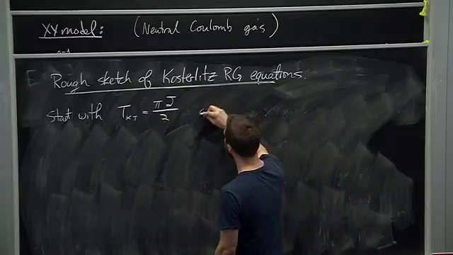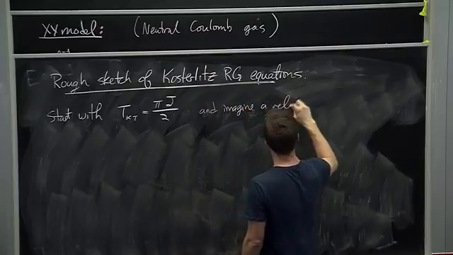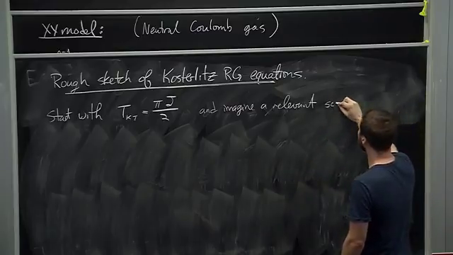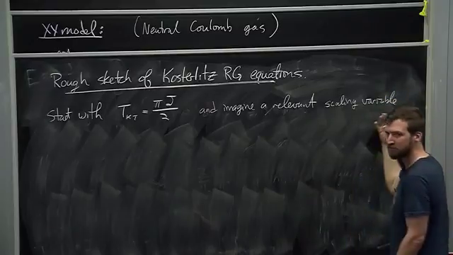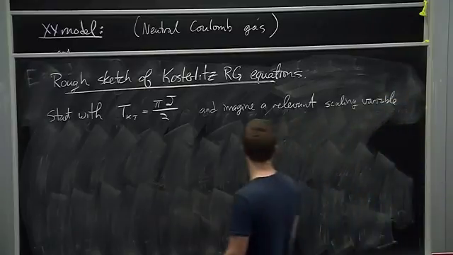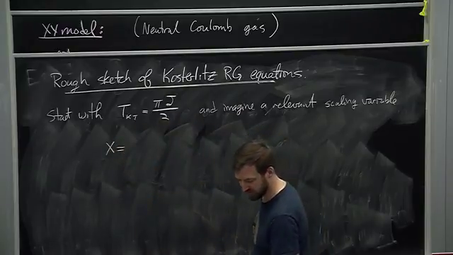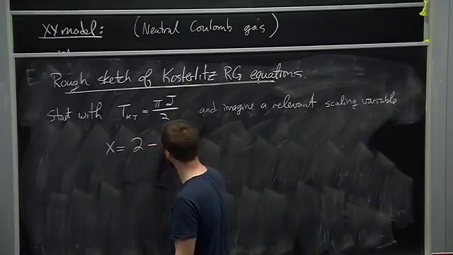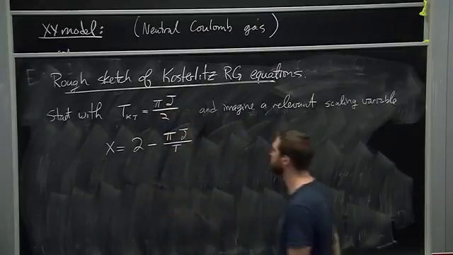And so let me just imagine constructing a relevant scaling variable somehow that measures the distance from the Kosterlitz-Thouless transition to, so let me, pi J. Okay.